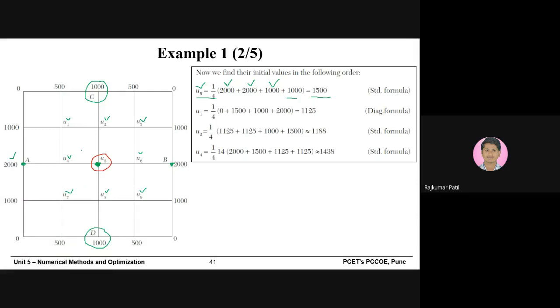So next we will go with u1. While calculating u1, if you check the neighbors, the first neighbor is given, second is given, but u2 and u4 are not given. So you cannot use the standard 5-point formula, but you know all the diagonals.